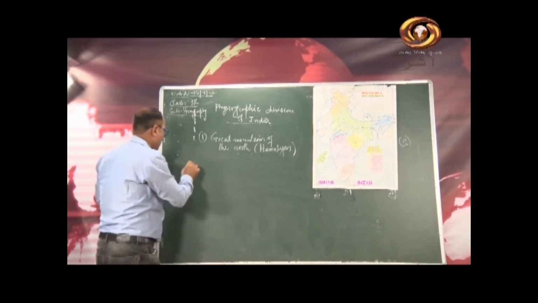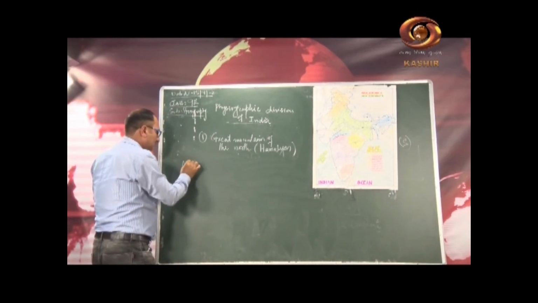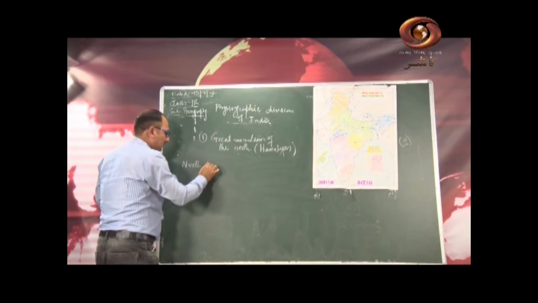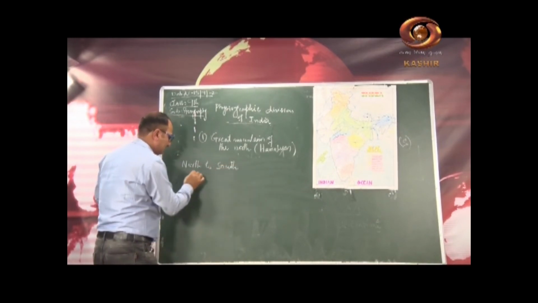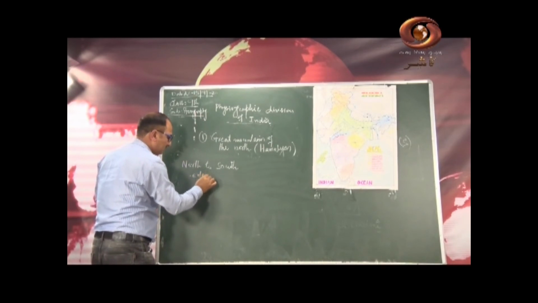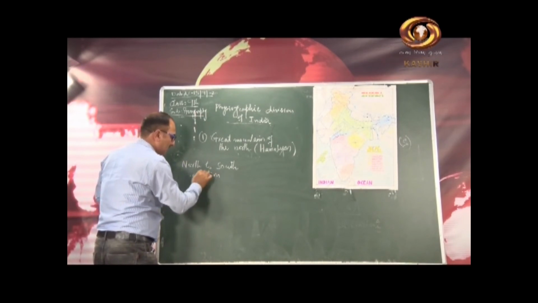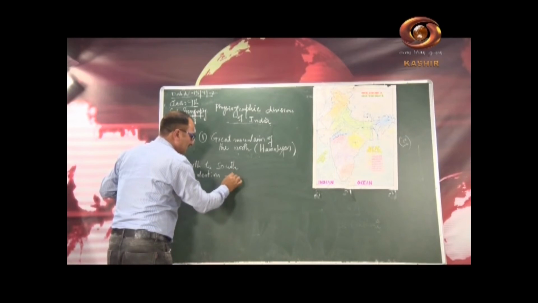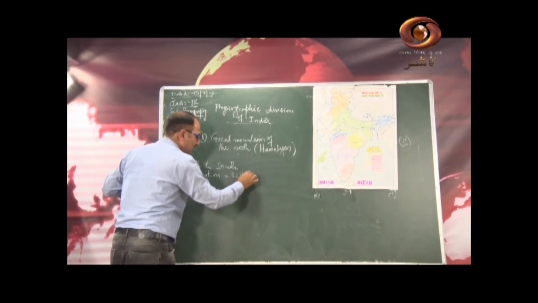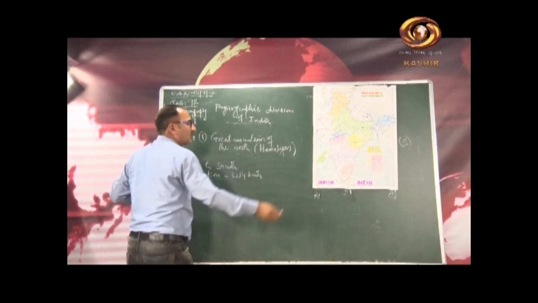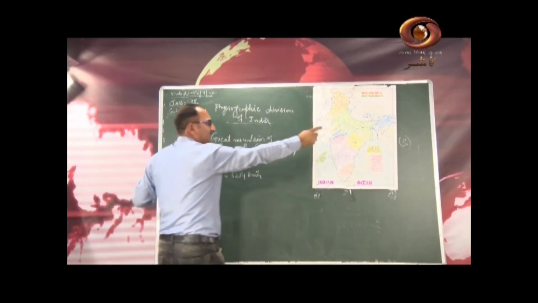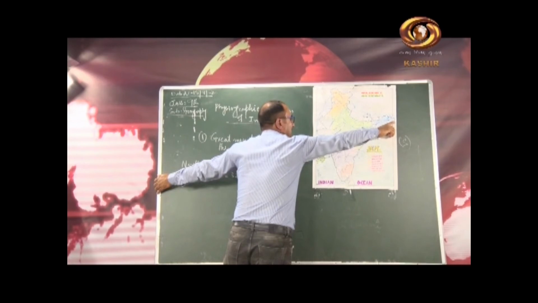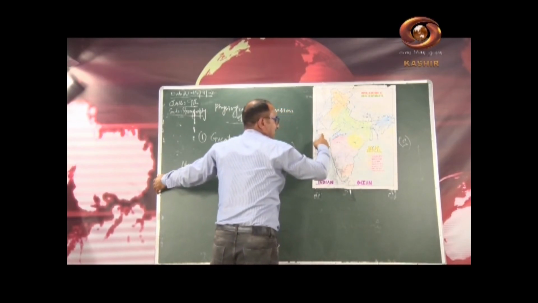North to south extension is 3214 kilometers from Kashmir to Kanyakumari. Then from east to west, that is from Arunachal Pradesh to Gujarat.